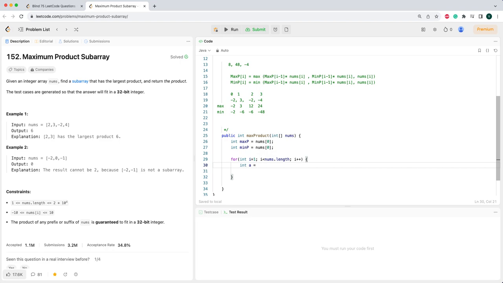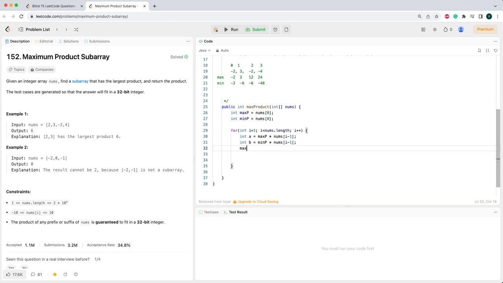To simplify, a is the max p multiplied by nums of i minus 1, right? And c is actually nums i, so I'll take a and b, and b is the min of p, right?